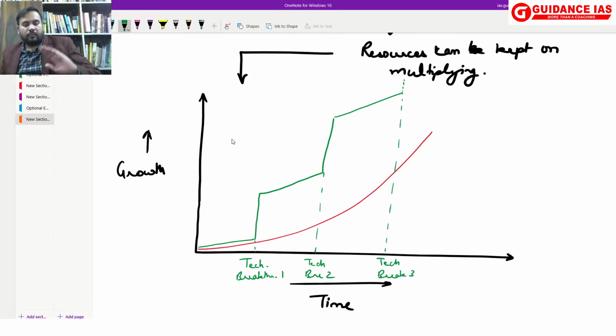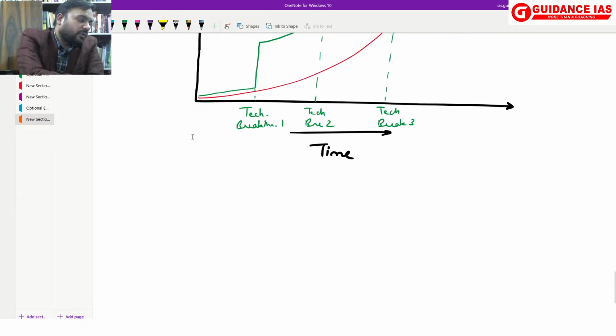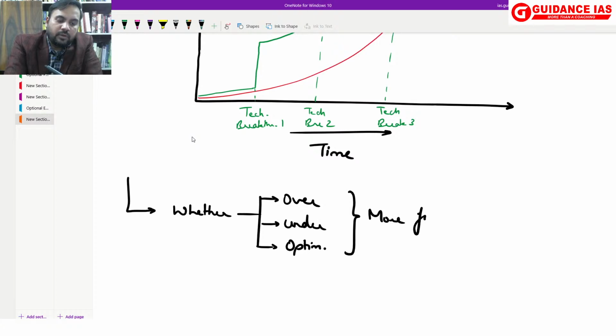So, according to them, whether there is situation of over, under and optimum population, it is more a function of technological development rather than population size.